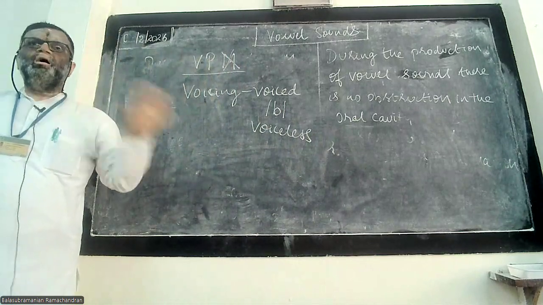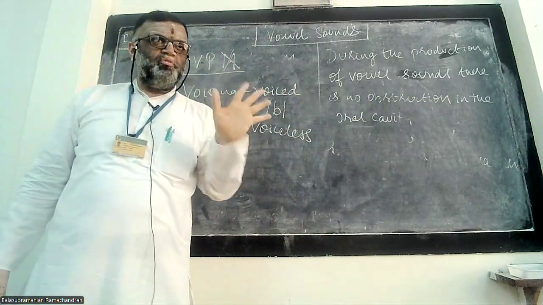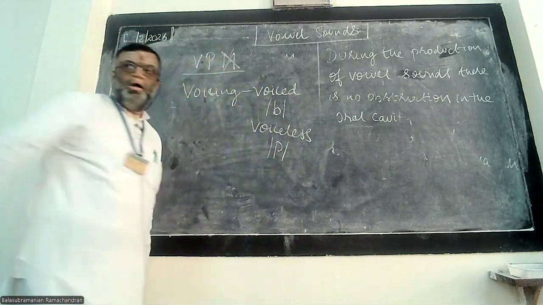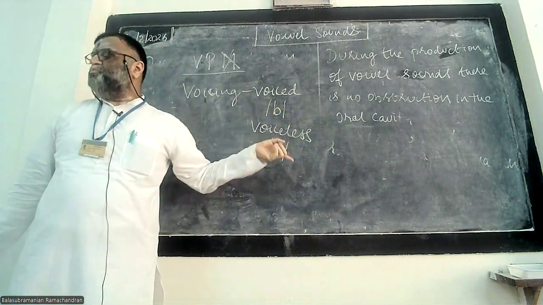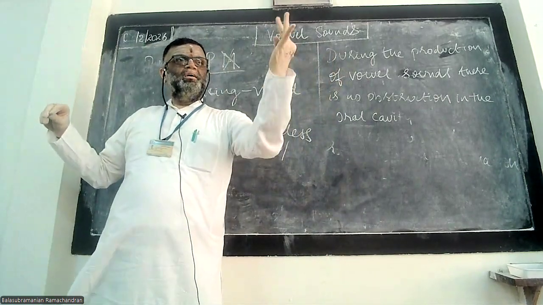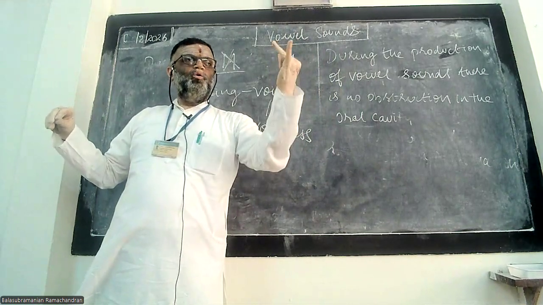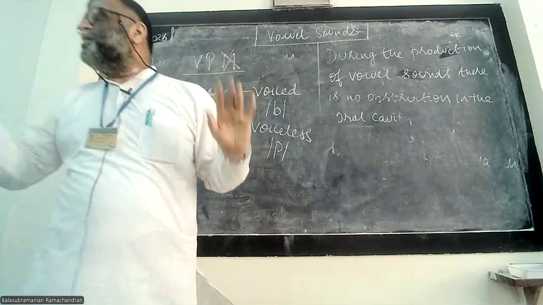For example, the microphone would not have caught it. Now, for vowel sounds, can we use voicing as one of the terms? E, A, O, U. Can you use voicing as one of the terms? Why not?